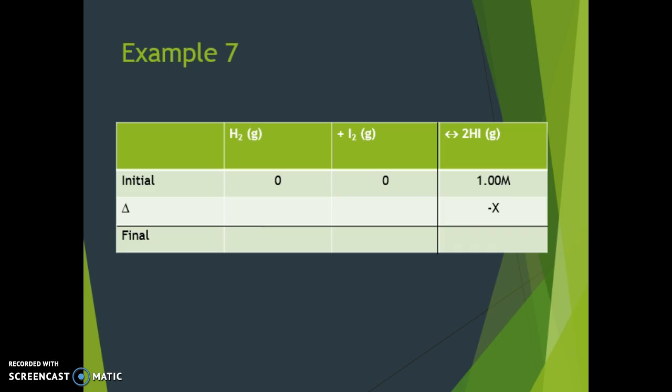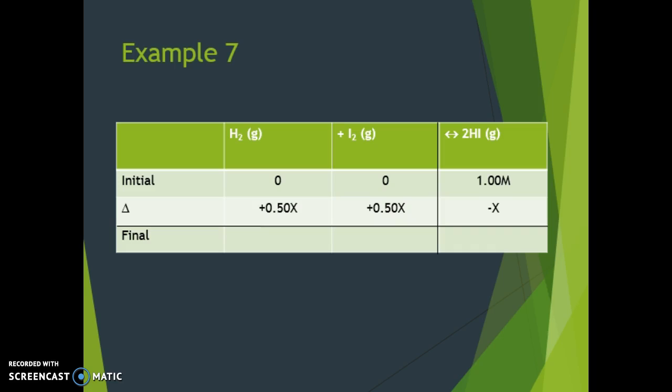So let's now think about this. You have a different mole ratio. You have 2 HI. That's going to equal your H2 and your I2. So stoichiometrically, we do need to apply that ratio. That will be a 1 to 2 ratio to try and get to what our change in concentration would be to keep it proportional. So it's actually going to end up being plus 0.50x for both the H2 and the I2.